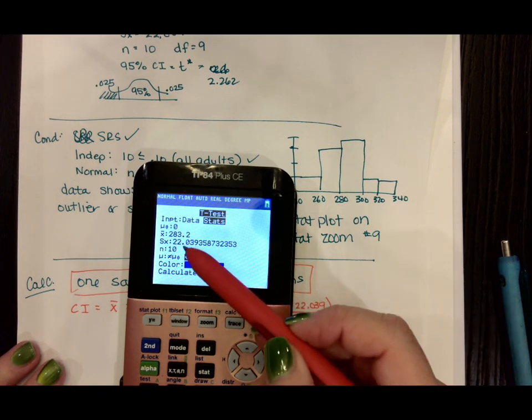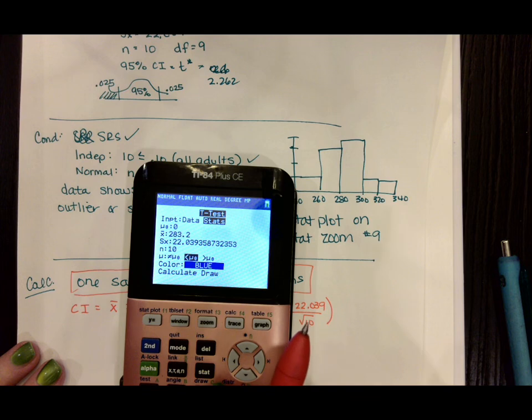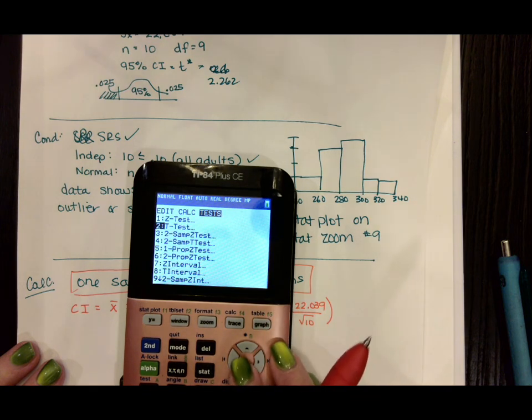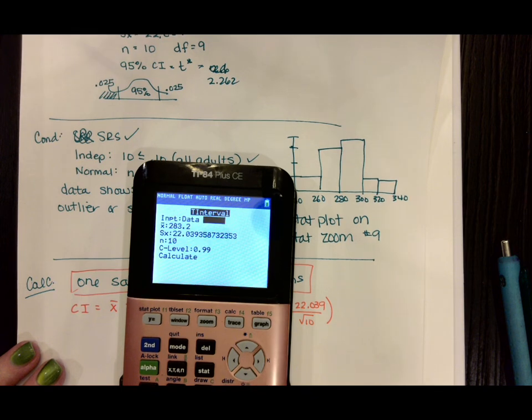I just love this because I put everything in one-var stats, so everything's already there. Oh, wait, hold on. This is a t-test. That's not going to work. Sorry, don't listen to me. I need a t interval, one sample t interval, not a test. Okay, there's all my data, including my 99, but it's not 99. I need to change this to 95.